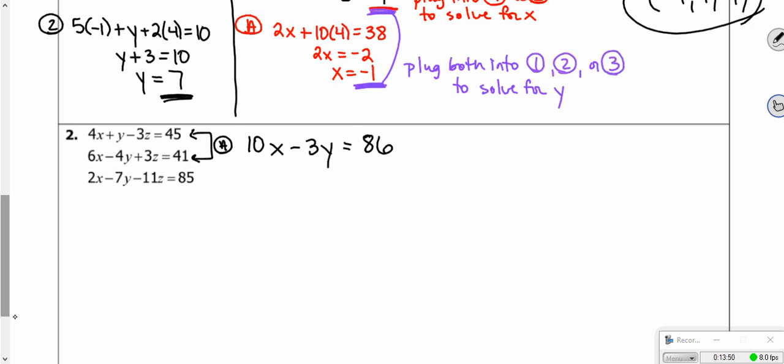Now, equation B, I need to find using 2 others. So I'm actually going to use the bottom 2 for B. Let me box this in here. This is my equation A. For my equation B, what am I going to have to multiply the second equation by to eliminate the z's?